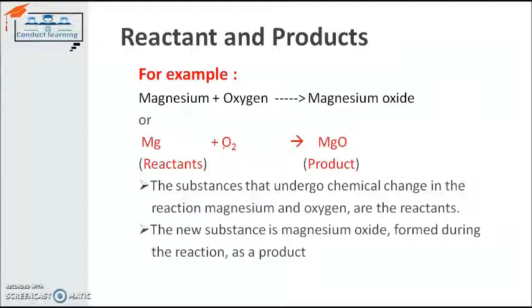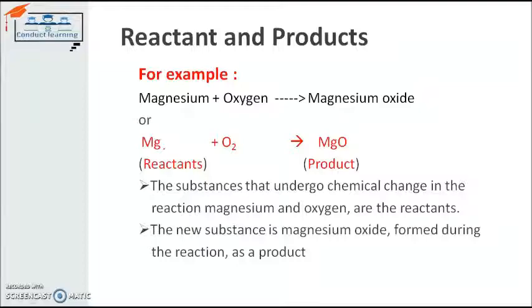How do you understand what the atoms are and where they are written? You can simply understand by looking at the foot of the symbol. If the Mg symbol has something written at its foot, this represents the number of atoms.